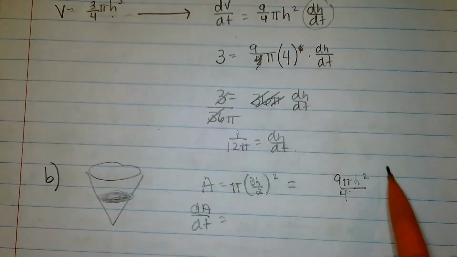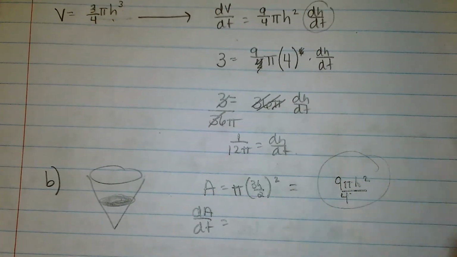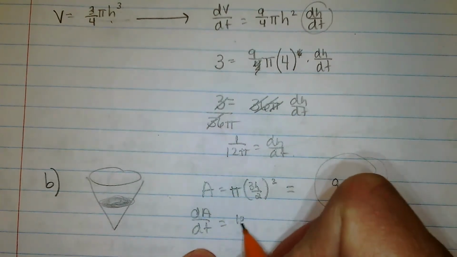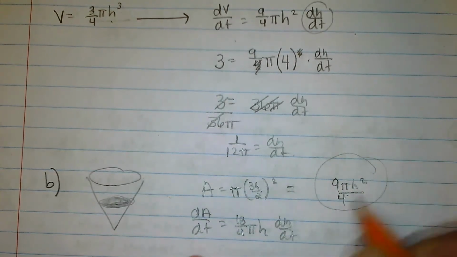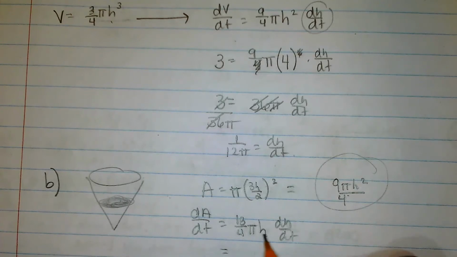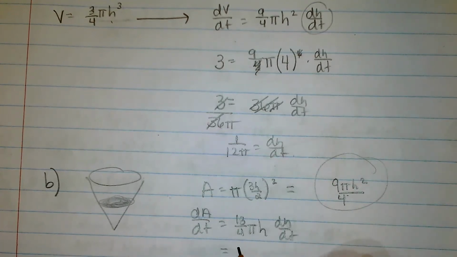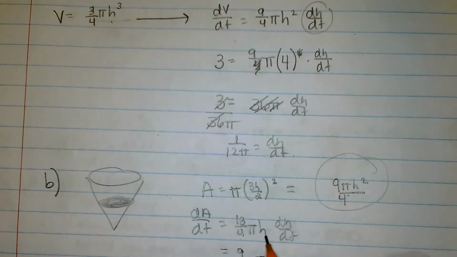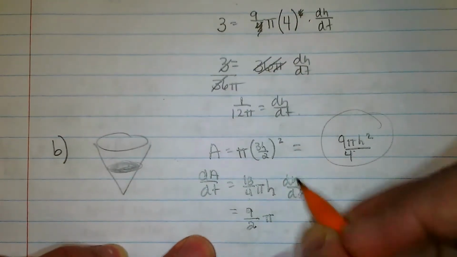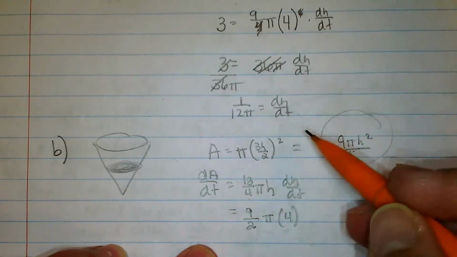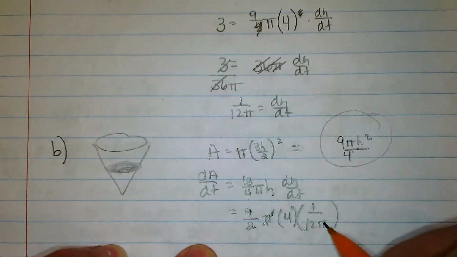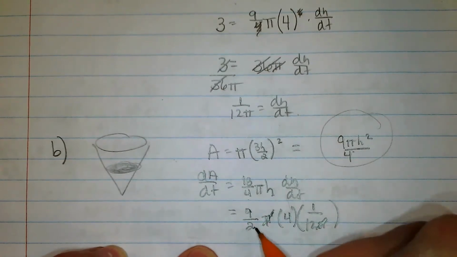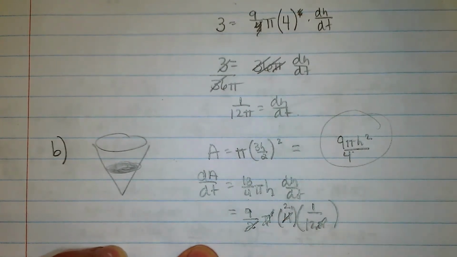So when I differentiate, bring my 2 out in front, I'm going to get 18 over 4 pi h dh/dt. And I already know what dh/dt is, so I'm going to have 18 over 4, which is 9 over 2, pi. I know that h at this moment is 4, and I know that dh/dt is 1 over 12 pi. So this pi and this pi cancel. This 2 and this 4 reduce.